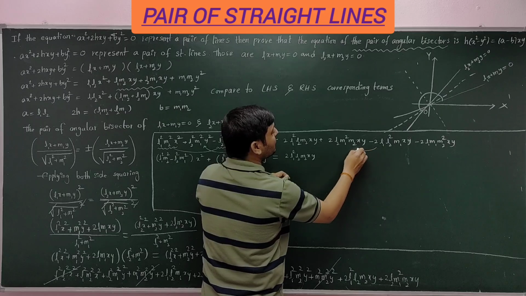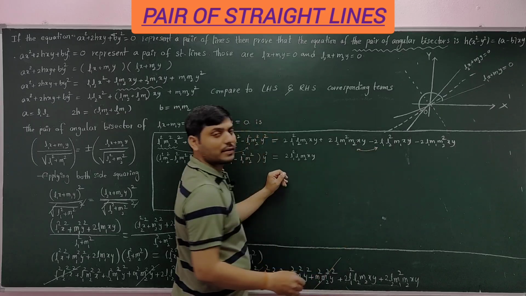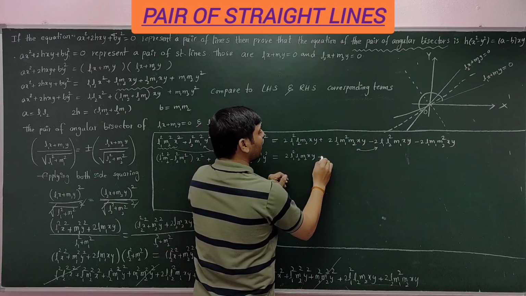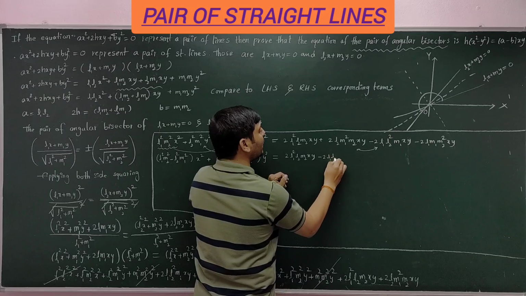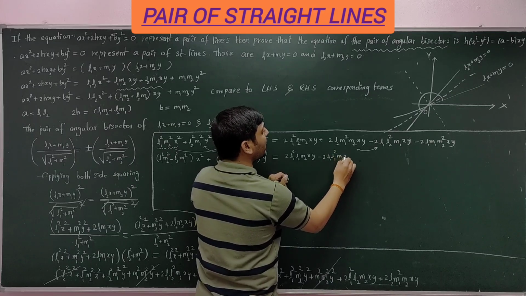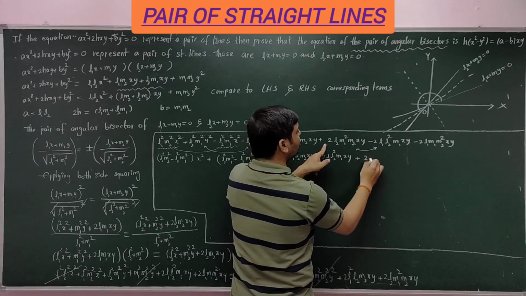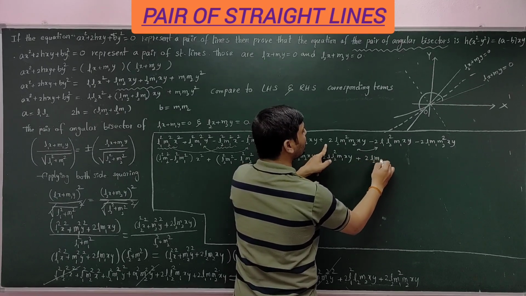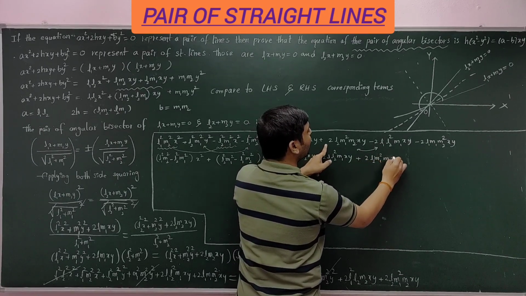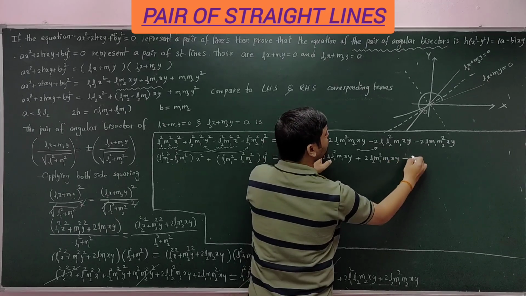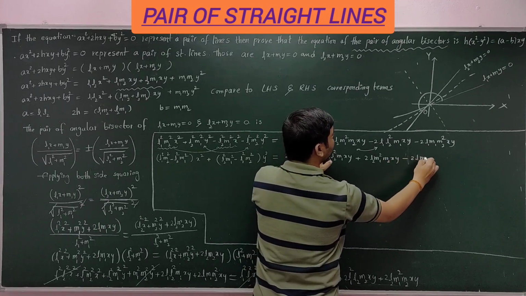Now these terms are interchanged: this is minus 2 l1 l2 square m1 xy. Now this term you write here plus 2 l2 m1 square m2 xy, and the last term you write as it is, it cannot be changed.